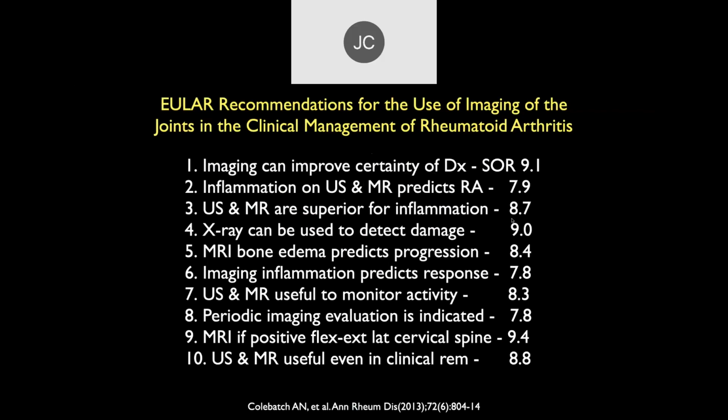Ultrasound and MR are superior to other techniques for evaluating inflammation. X-ray can be used to detect damage, but again, the only damage that X-rays can show is irreversible bone destruction, and we really want to pick it up before that occurs to stop the disease before you have irreversible damage. And we've talked about most of these other things.